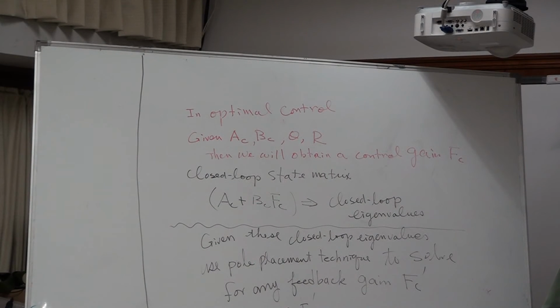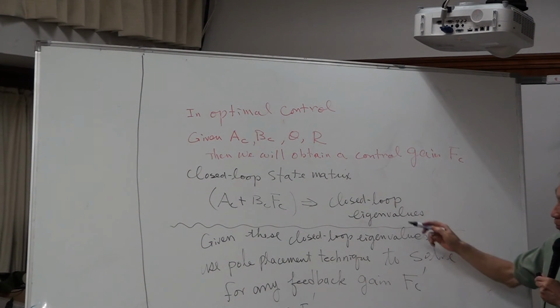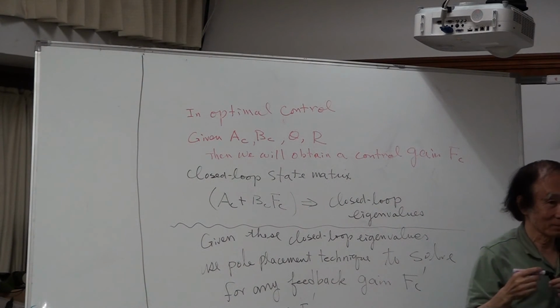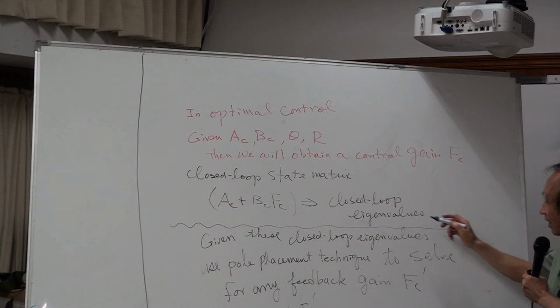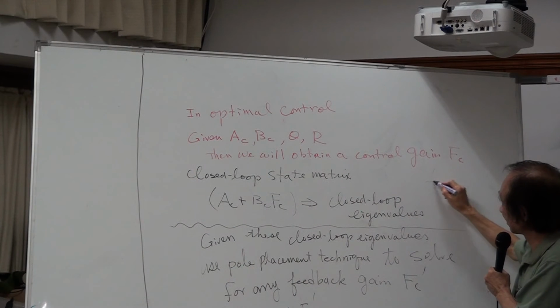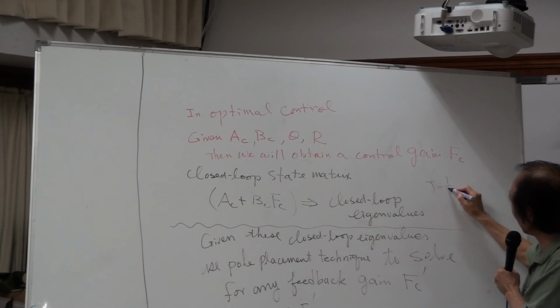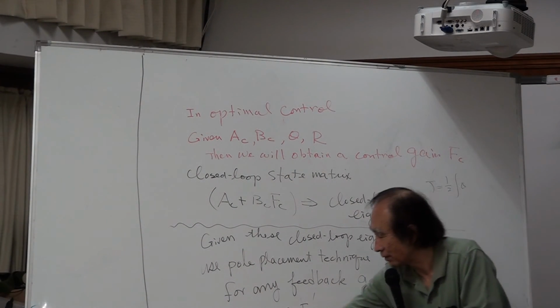Okay, now, which one do you think is better? FC or FC prime? FC. Why? That's optimum only in that sense, the cost function sense. So this FC is optimum. Optimum means we minimize this J, right?